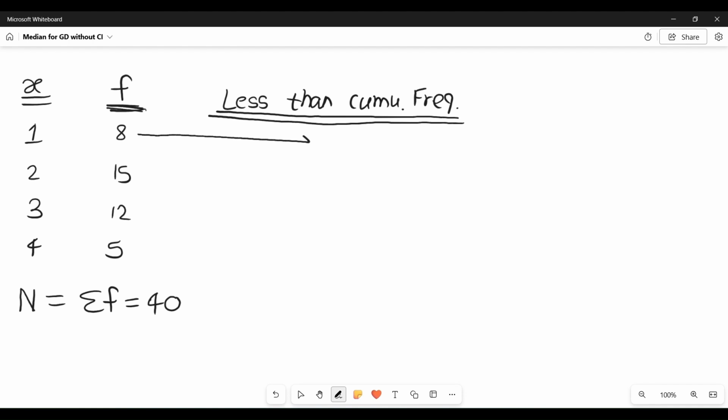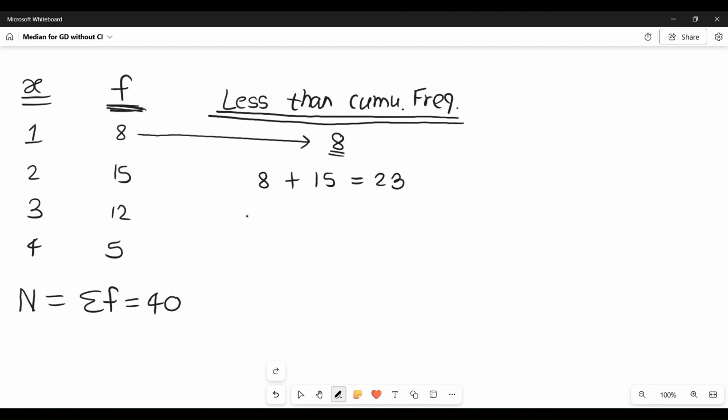We can consider here 8 as it is, and the next number will be equal to 8 plus 15, that is equal to 23. Here 8 means the previous less than cumulative frequency value, and 15 is the current frequency value.